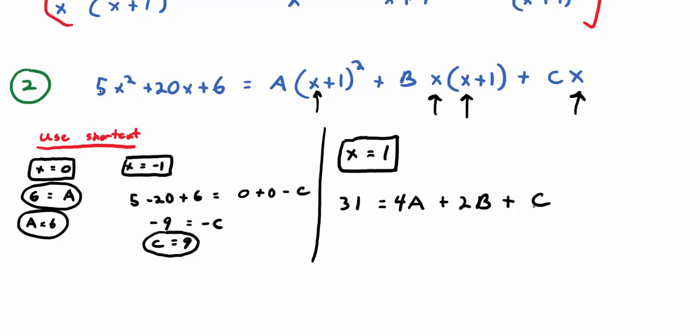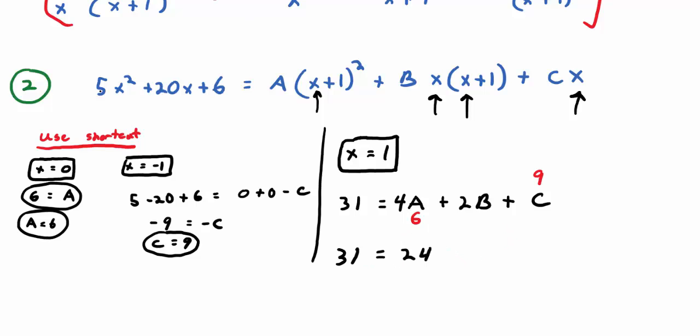All right, I suppose technically I still have a system of equations, but is this going to be very hard to solve? I already know from the first part of the shortcut that a is 6 and c is 9. So I can get b, right? All right, so I get 31 equals 4 times 6, 24. So just plugging in 6 right there and then 9 right there, right?